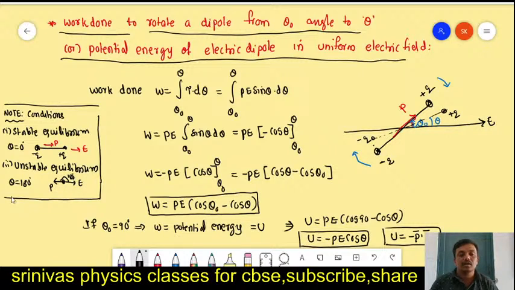Then what happens to the potential energy? Potential energy is minus P E cos 180, that you will get as P E. Potential energy is maximum here, while there, potential energy is minimum. These are the conditions for stable and unstable equilibrium. Remaining we will discuss later. Thank you to all.